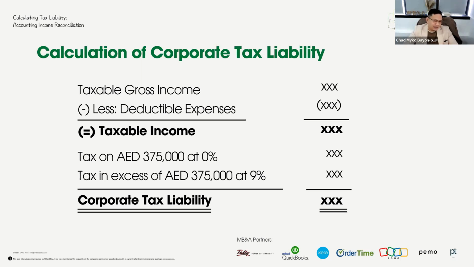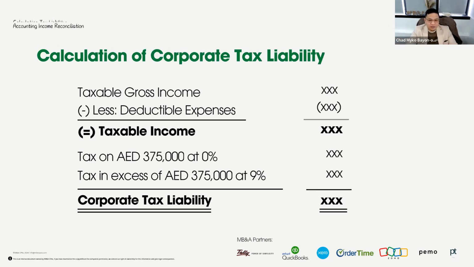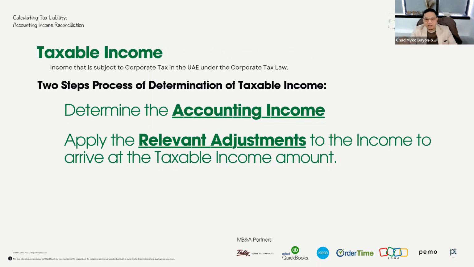So it becomes tedious, and when you do the reconciliation, it will be a bit difficult. So to make it simpler, get your books. How much is your accounting income under your books? And what are the relevant adjustments that need to be done with the books or the information that you have provided as part of your accounting income? So these are the two steps in terms of determination of your taxable income.